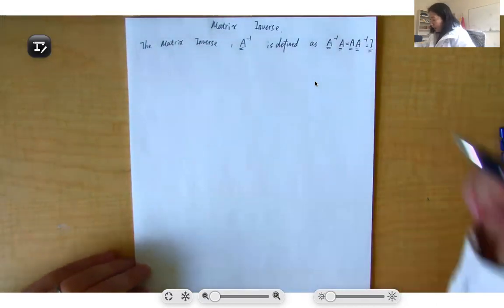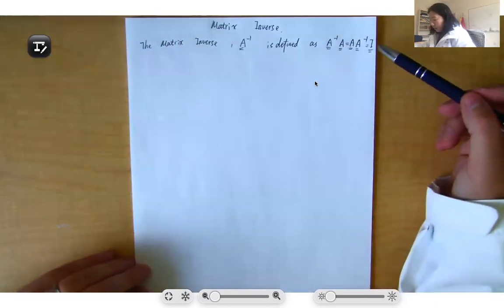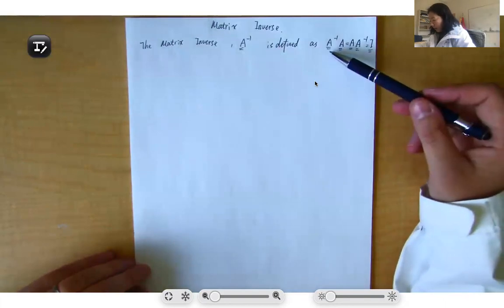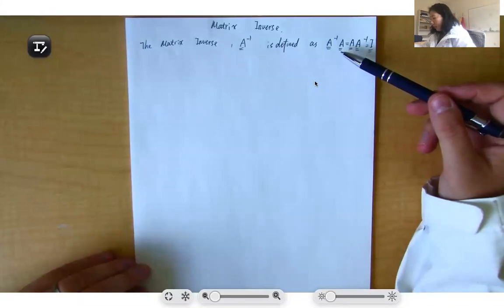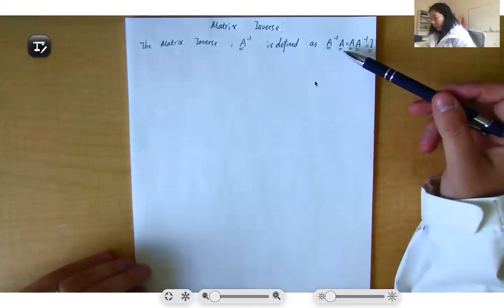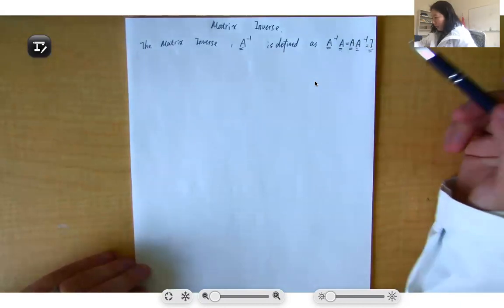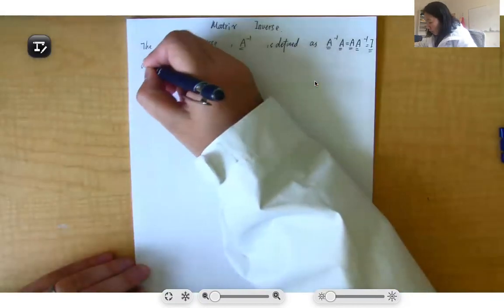And you can see that the identity matrix is a square matrix. A and A inverse have to share the same dimension, so it has to be a square matrix for an inverse matrix.